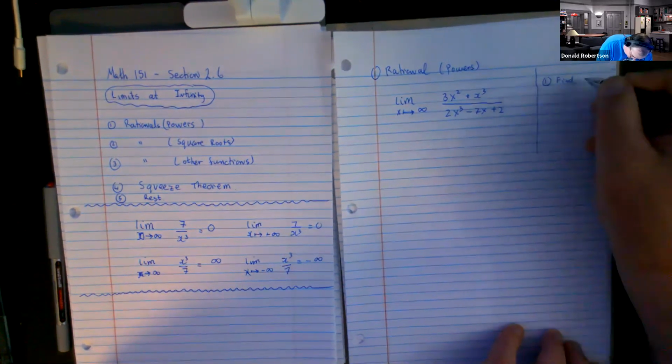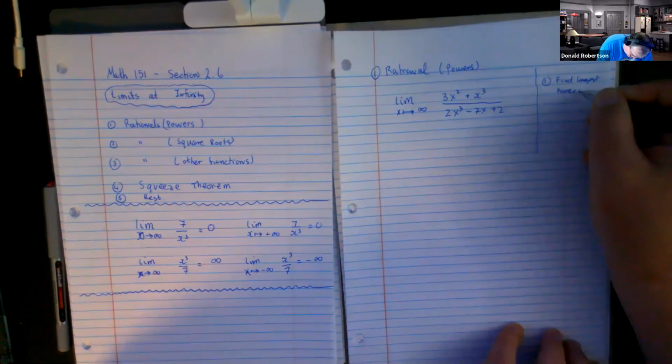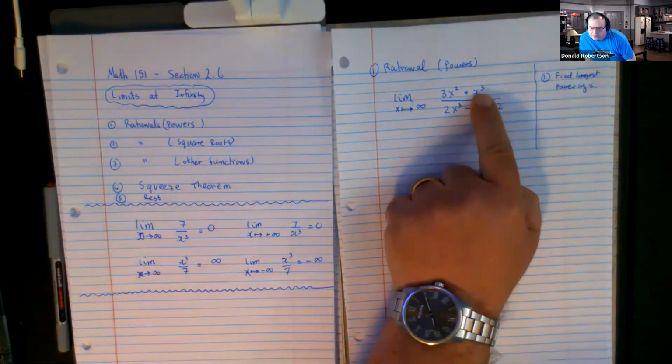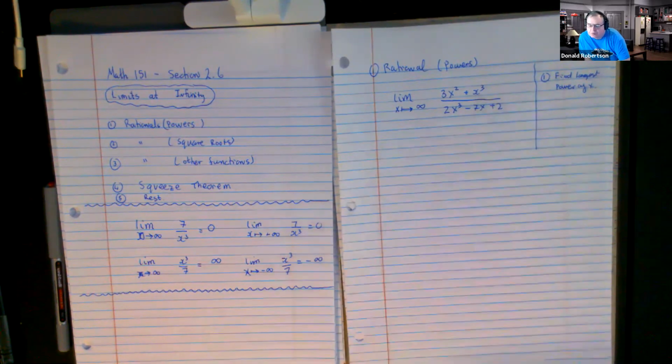The first thing you're going to do is find the largest power of x. Would you agree in this case it's x cubed on the top and it's also x cubed in the bottom? So the largest power of x is x cubed. Are you happy with that?